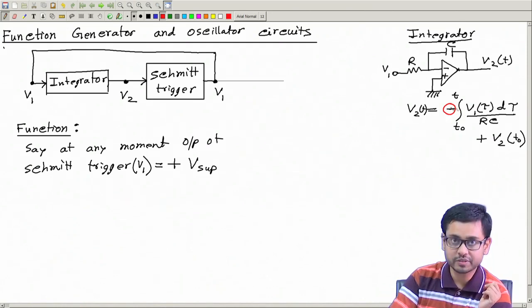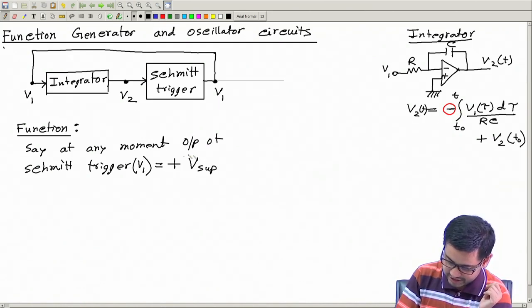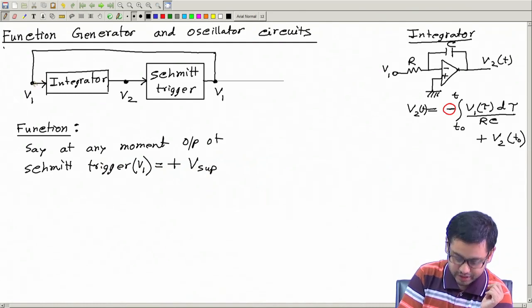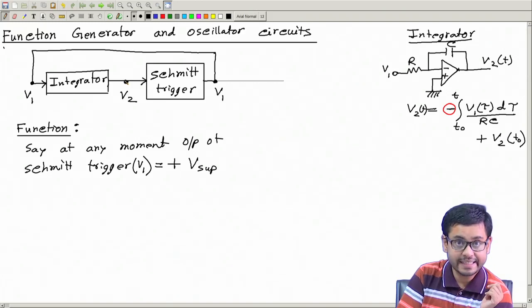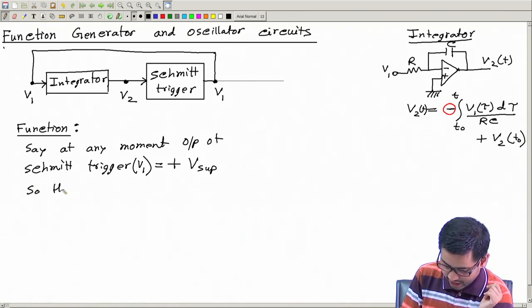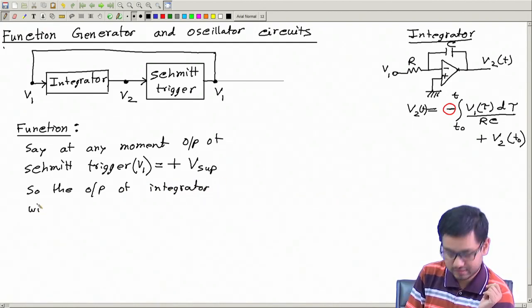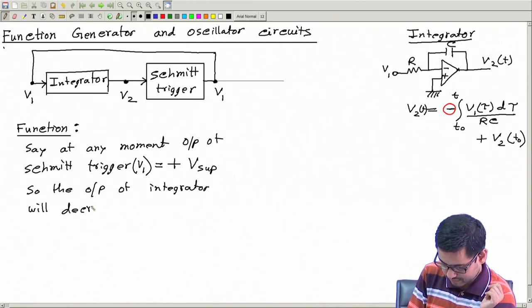Because of this minus sign, what will happen now? This is positive, so the output of the integrator will decrease continuously with time.